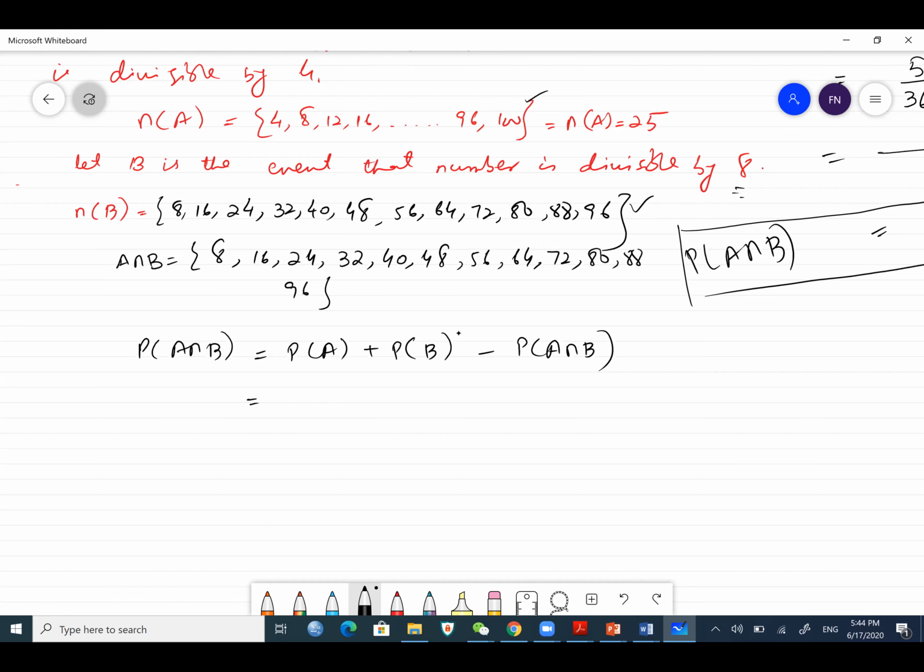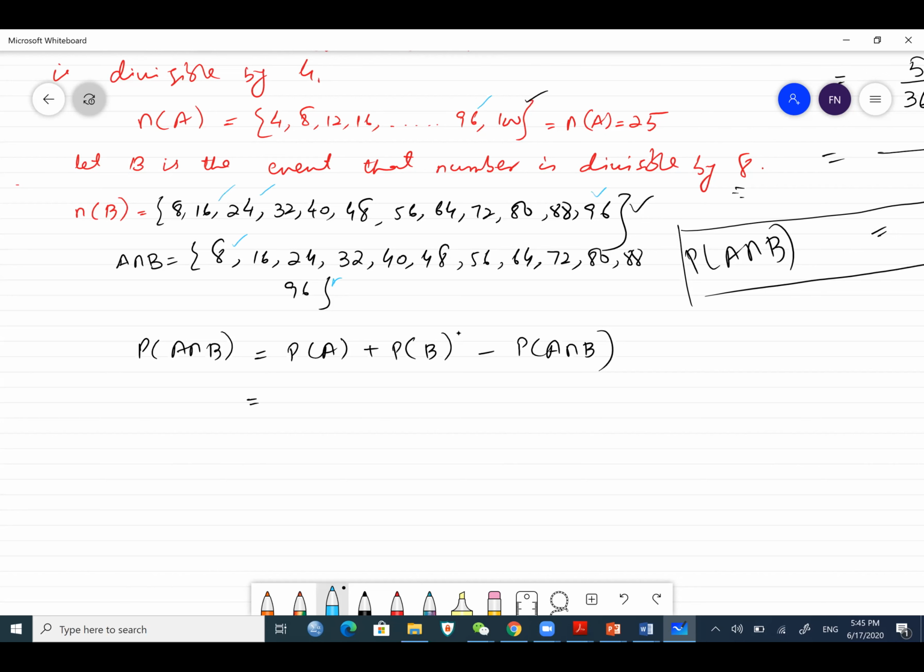Yes, because what are the points in common between A and B? 8 is in A, so 8 is common. 16 is in A, so 16 is common. 24 is in A, 24 is common. Up till 96 is in A, 96 is common, but we don't have 100 in B, so it is not common between A and B, so we don't write 100 here. Yeah, got it. Thank you.